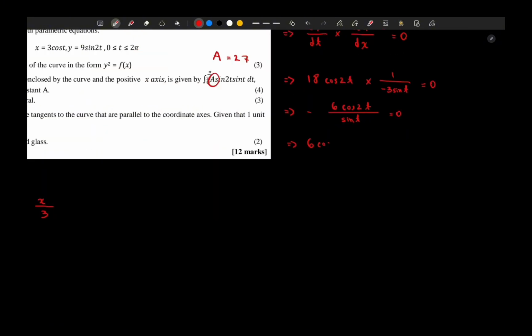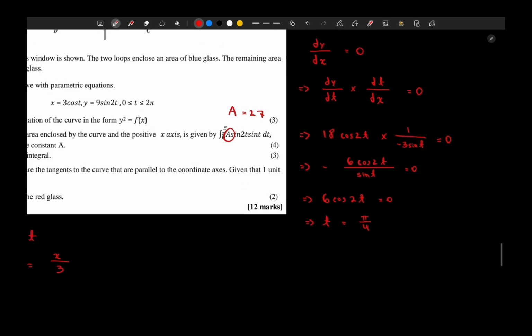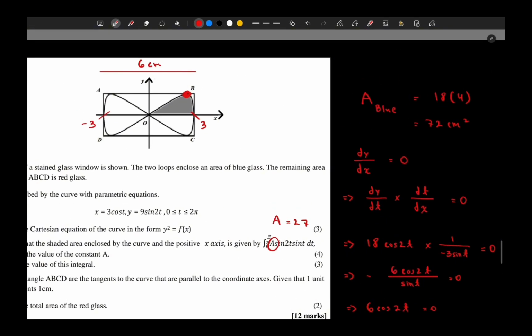So we have an equation which is 6 cos 2t equals 0. So the value of t is pi over 4 in this case. So when t is pi over 4, that is the maximum value.